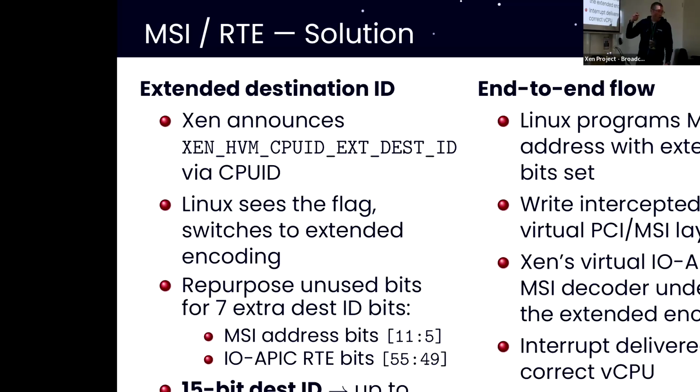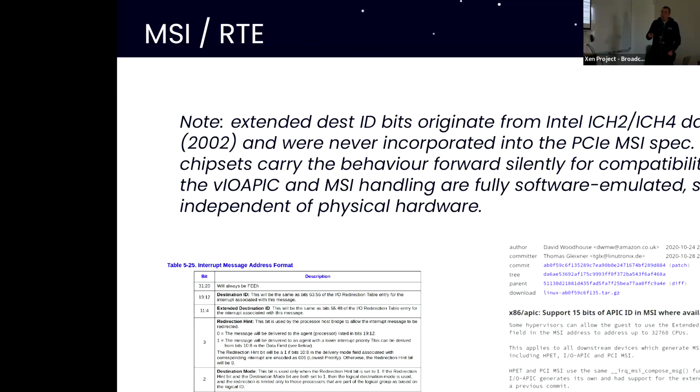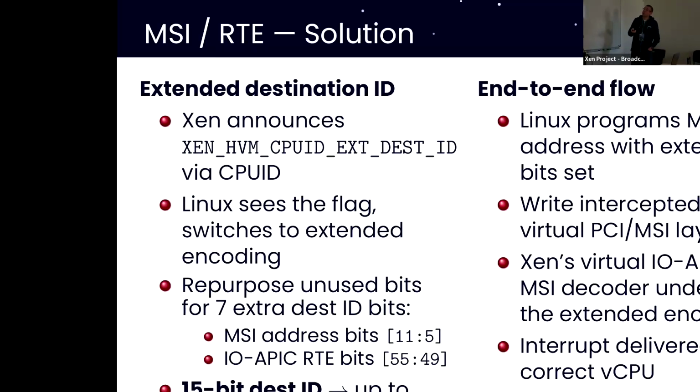But then in the later specification they needed an additional bit, so 1 bit was chopped, and now it's only 7 additional bits, which still gives us 15 bits of addressable APICs. And then there was a commit in the Linux kernel from 2020 from this guy Woodhouse who had this whole idea to do this. And then in Xen, the flag was introduced, which is this CPU ID extended destination ID.